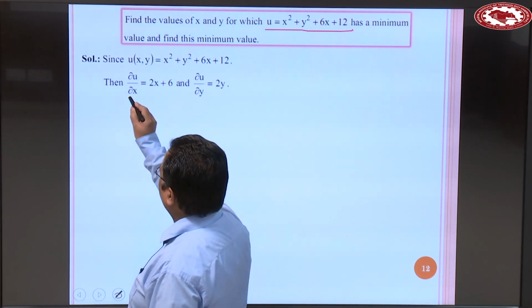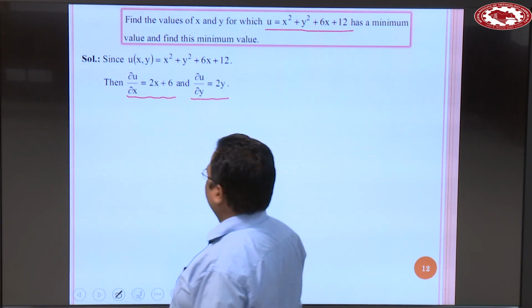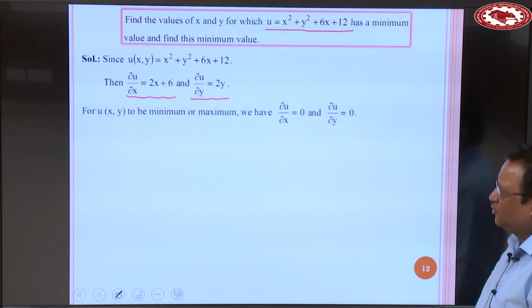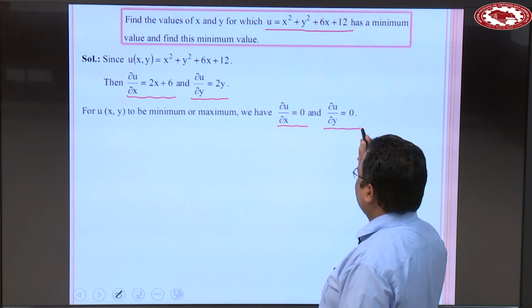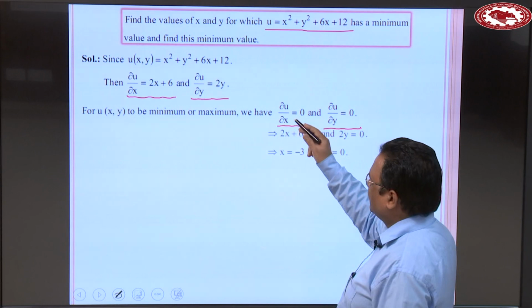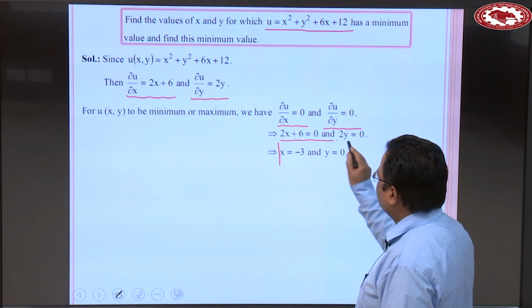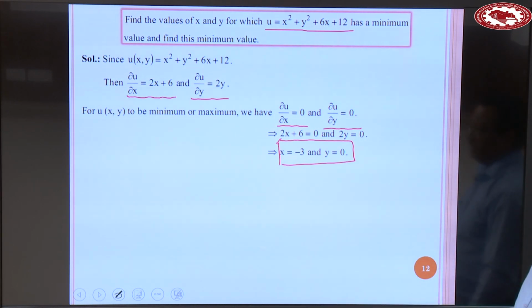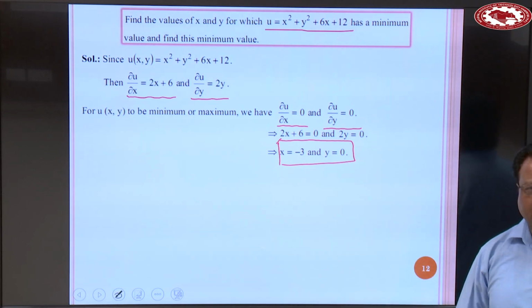When you calculate, ∂u/∂x is 2x plus 6, and ∂u/∂y is equal to 2y. For u to be minimum or maximum, we have ∂u/∂x equal to 0 and ∂u/∂y equal to 0. When you solve these, we obtain x equal to minus 3 and y equal to 0. So, at these points the function is maximum or minimum.